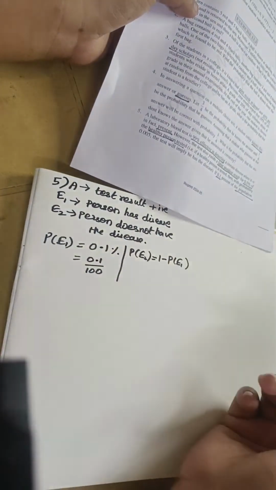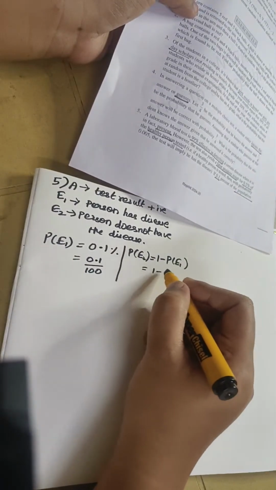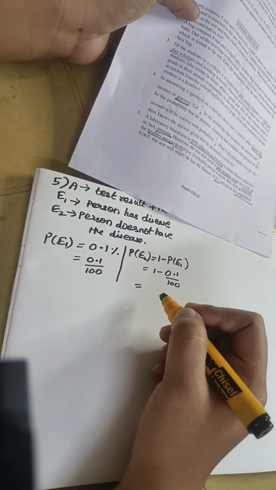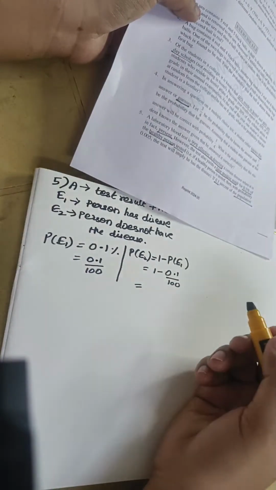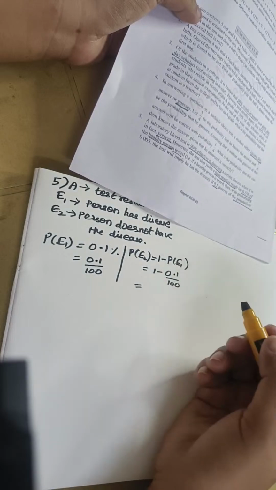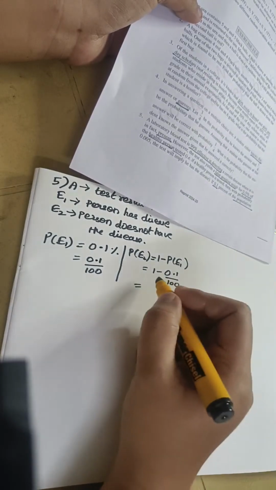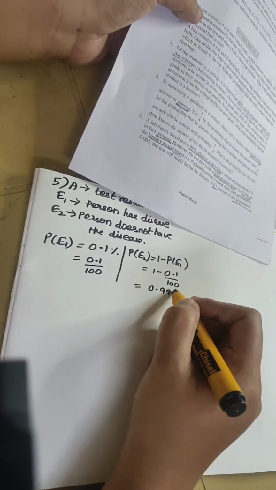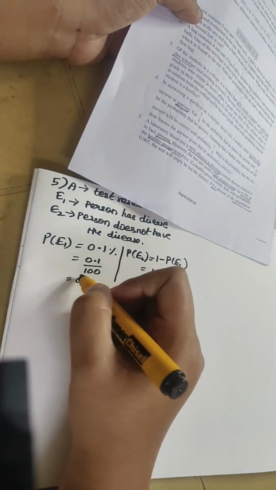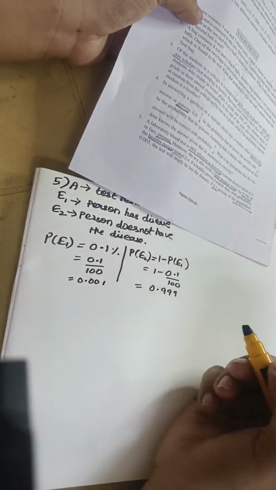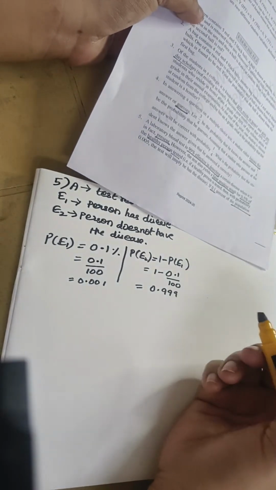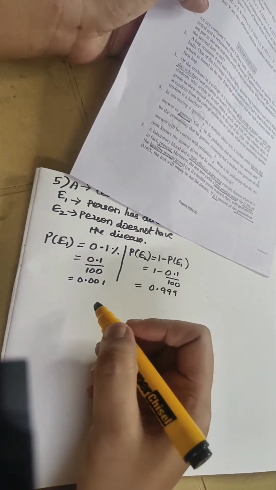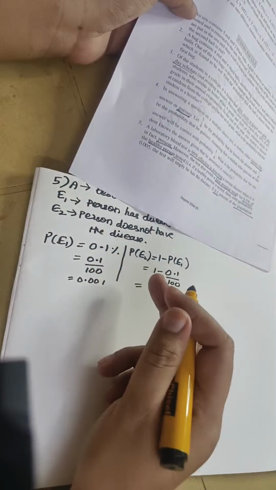To find P of E2, we can subtract from 1, because both are complements, isn't it? So 1 minus 0.1 by 100. Take the LCM, convert into decimal or whichever way you want. So P of E1 is 0.001 and P of E2 is 0.999. If you want it as a fraction you can have it, that's up to you. This is P of E1 and E2.